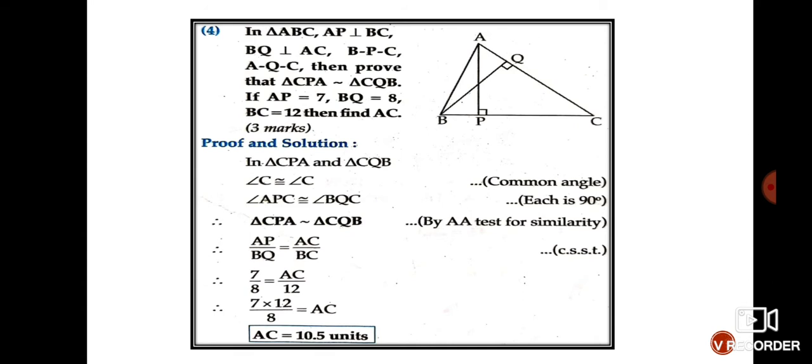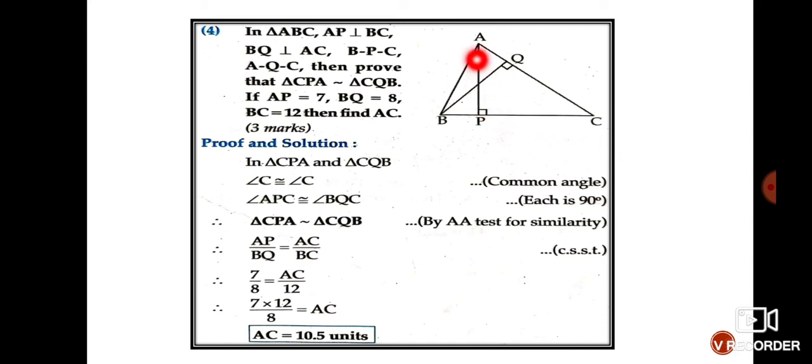Now let us go to the next sum, number 4. Let's observe the figure and read the question. In triangle ABC, you have AP perpendicular to BC, and A, B, C means these points are collinear, and then you have BQ perpendicular to AC, and AQC, that means these lie on a line.